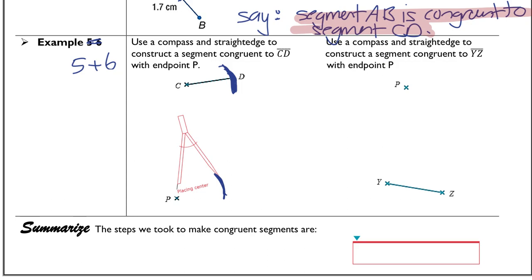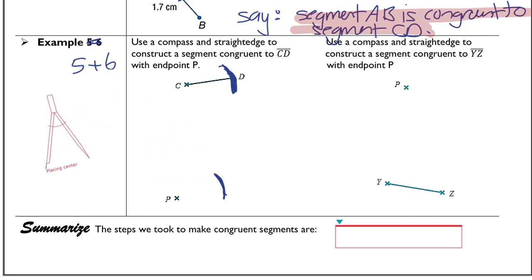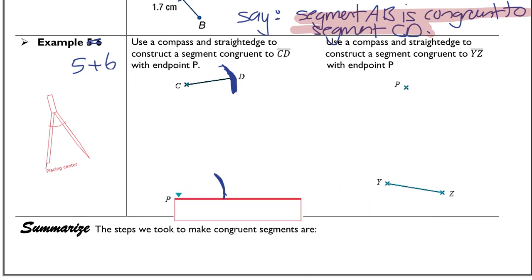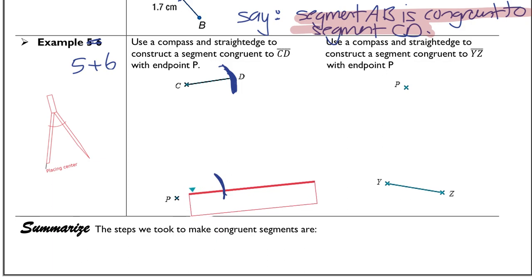So C to D here is the length from here to here, and if I start with this point P, I'm going to copy this length here. Now I can move this away, and we're going to have to use a straight edge tool. So we're going to take this straight edge tool, and I'm going to put this right here, and rotate it a little bit so this little dot or triangle goes right on that point.